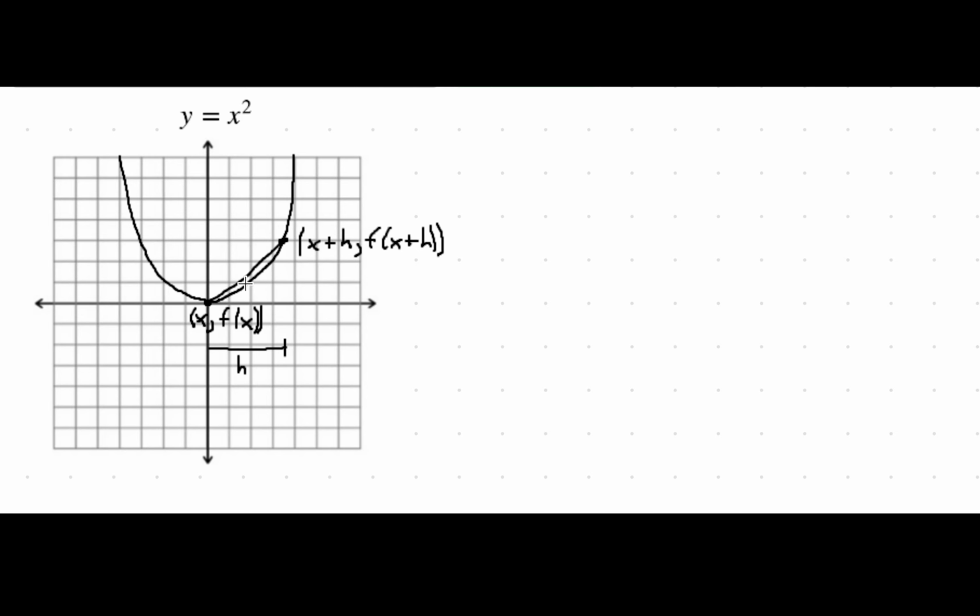So in order to find the slope of this straight line here, we could use the slope formula. And now we can plug in what the y2 and y1 values are.